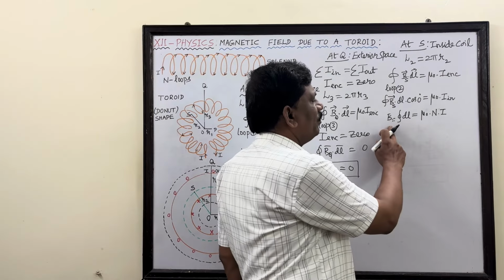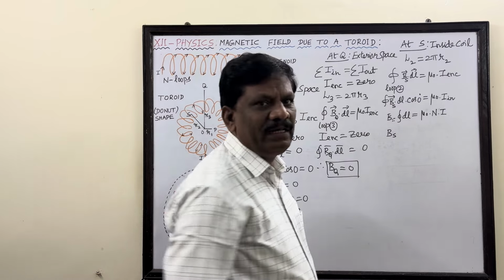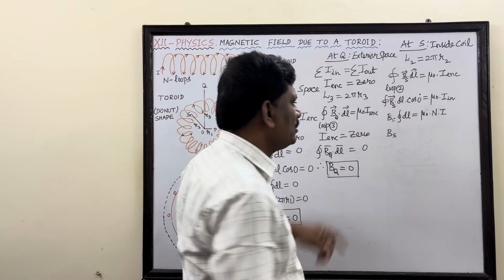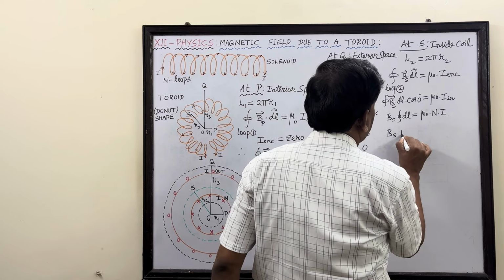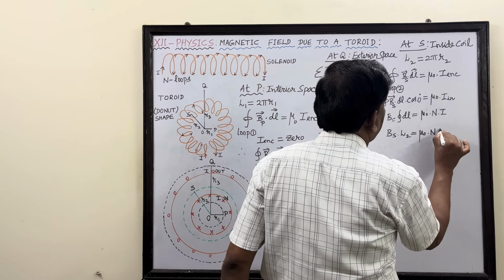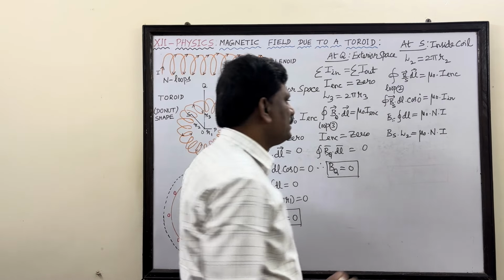Understood that? Now Bs into integral of dl must be equal to the length of the Amperian loop, that is equal to L2. So Bs into L2 must be equal to mu naught into N into I, where capital N is the total number of loops.